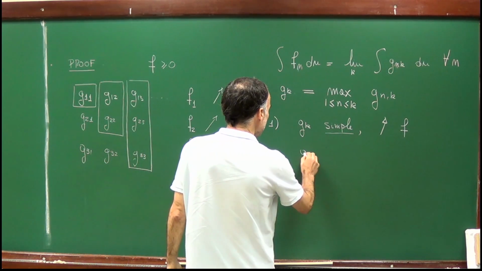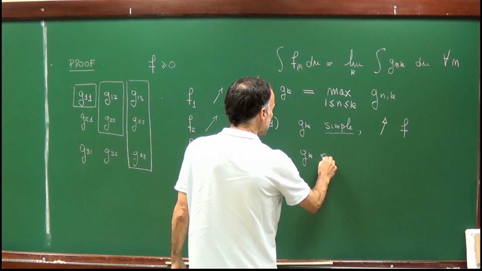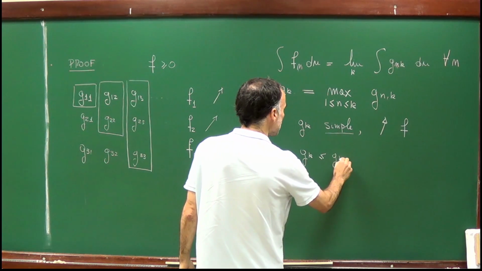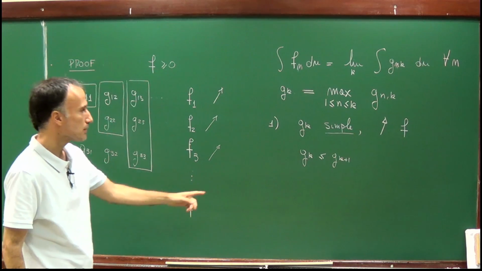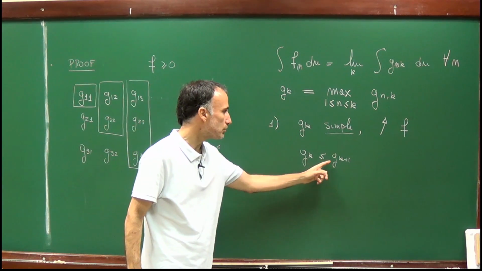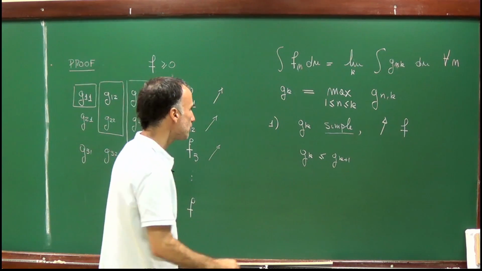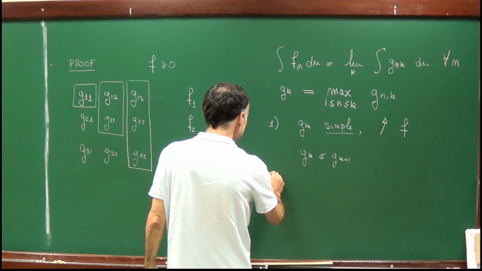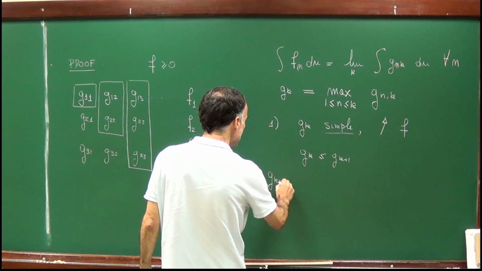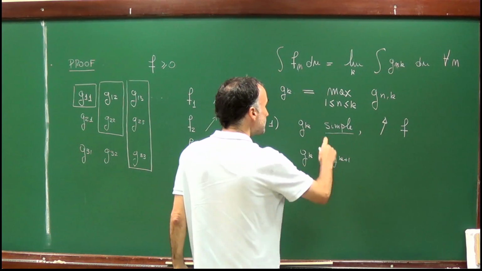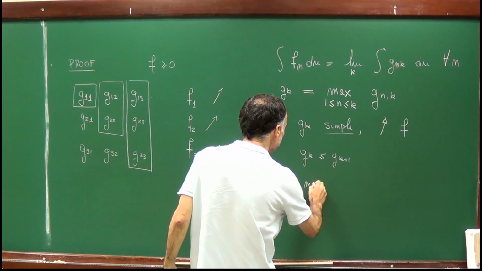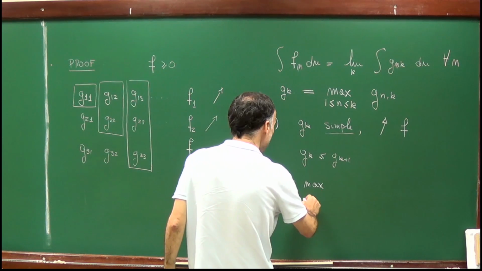Now I want to show that g_k is monotone, in the sense that g_k is less than or equal to g_{k+1}. But that's very easy, because g_{k+1} by definition is the maximum over n from 1 to k+1 of g_{n,k+1}.